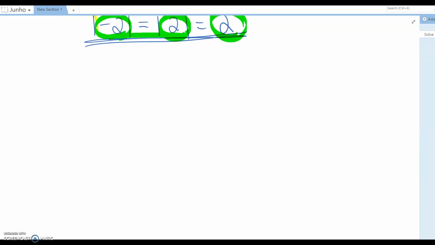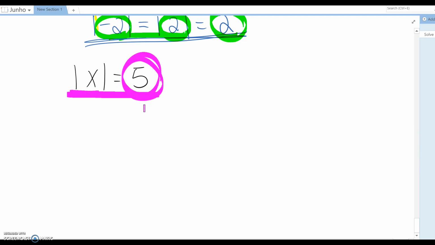So the first question is absolute x equal to 5. Then how do we interpret this meaning? I really hope you understand what this means. What is this 5 representing? This 5 represents distance from the 0, basically.